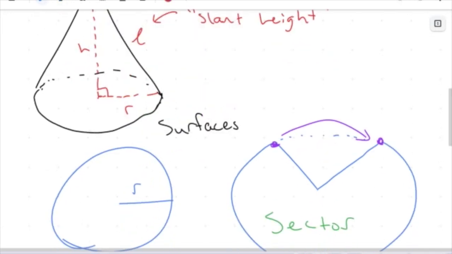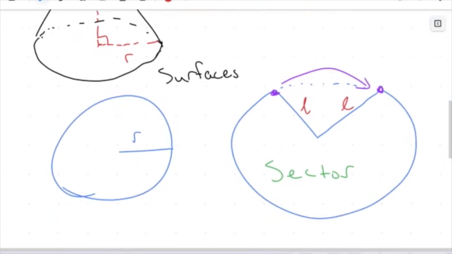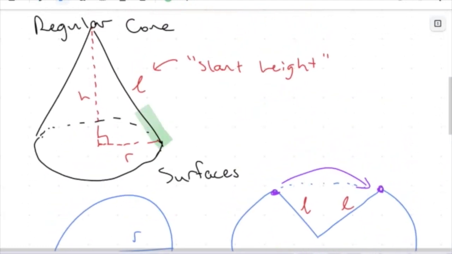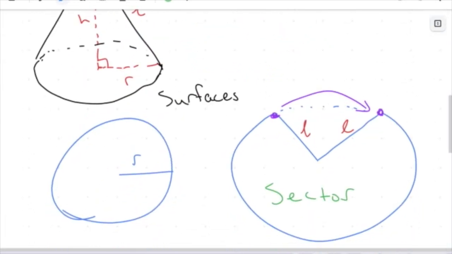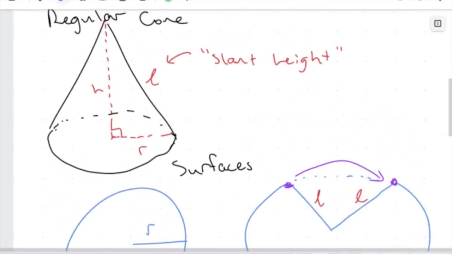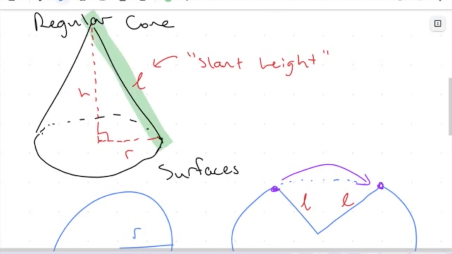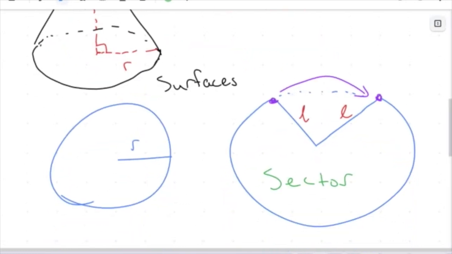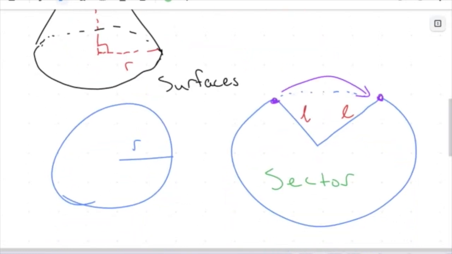That particular bit there is going to be our slant height. So both of these radii are going to be the same as the slant height. If you want a bit of visualization on this, have a go at cutting these two bits, maybe draw it, cut it up, and see how it folds in. But you will notice that the radius of our sector in our construction of the cone becomes the slant height of our regular cone.